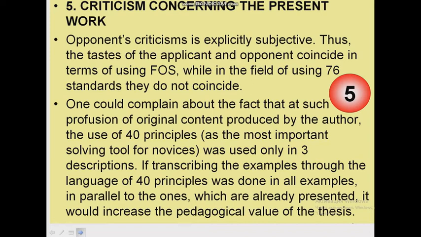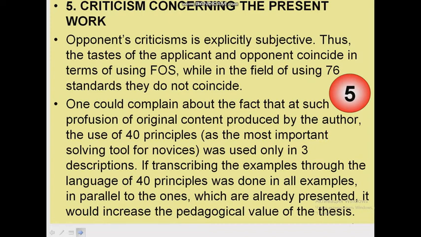One could complain about the fact that, with such profusion of original content produced by the author, the use of 40 principles, the most important solving tool for novices, was used only in 3 descriptions.